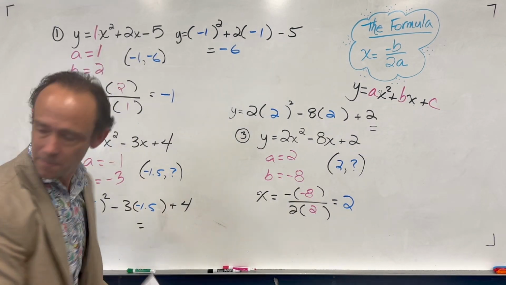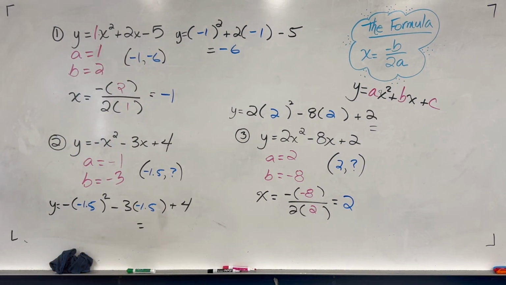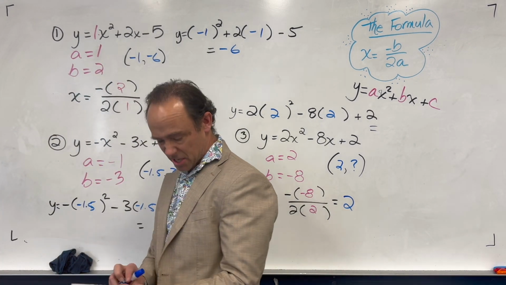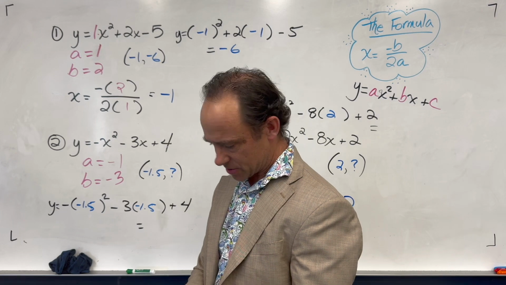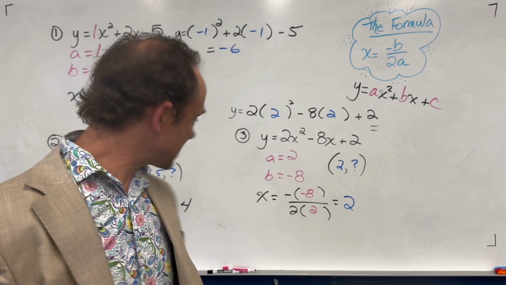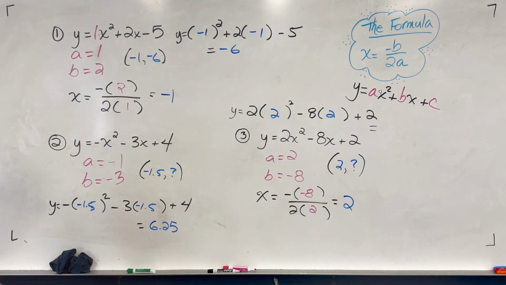All right, down here, I'm going to just break out my calculator. So this is going to be a positive value, which is going to become negative. So we're going to go 1.5. Okay, we get 6.25, just plugging that into your calculator.